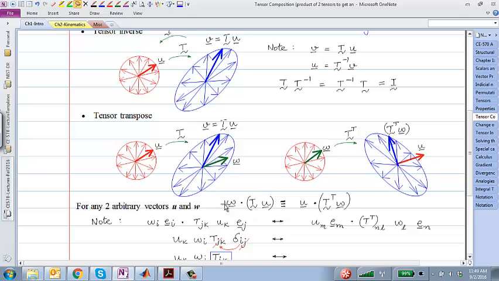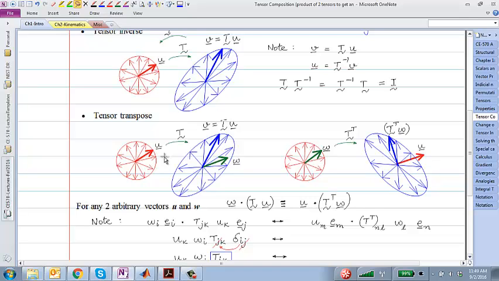The idea of a transpose is that you take this arbitrary vector w in the original space, act the transpose tensor on it, you get some other vector T transpose w, and then dot product that with the original u, and the two scalars that you get in this case should be the same.